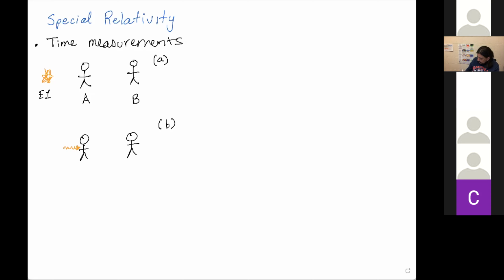But then there's also an event 2 right here, maybe another explosion or something like that. And this is event 2.